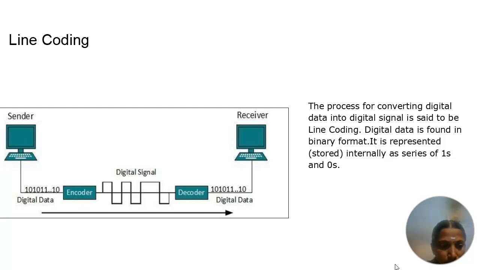See, one is a positive signal, zero is a negative signal. Then one is positive, zero is negative, and one is positive. Then this data is given to the decoder. The decoder converts the digital signals back into digital data format, then it is given to the receiver.